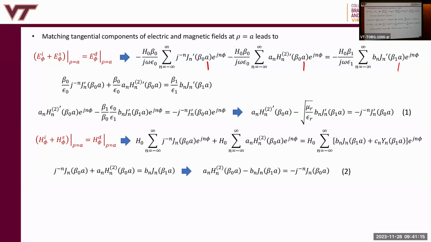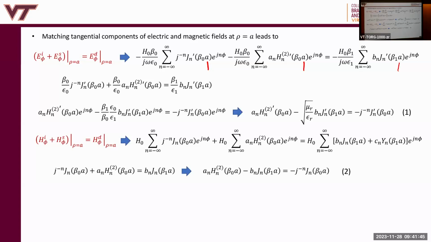Okay, so we have the summation. Each of these modes are summed from minus infinity to plus infinity. We can factor out the summation sign, if you will, and we'll have a summation of something equal to a summation over the same indices of another thing, right? So that means that has to be true for all n, and therefore what you're summing has to be equal, right?